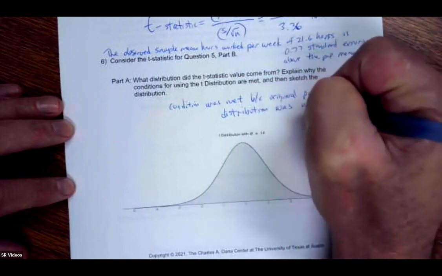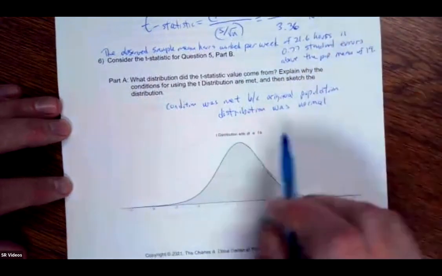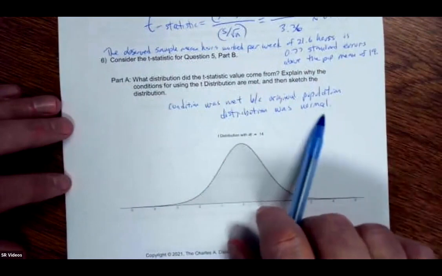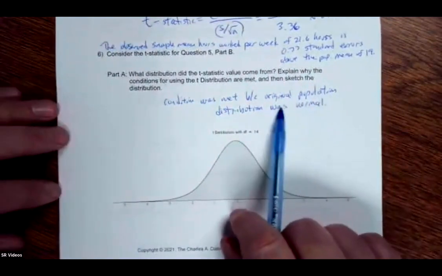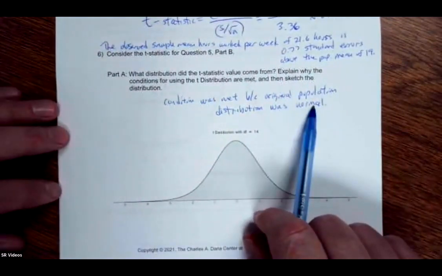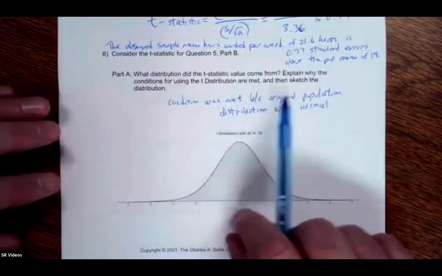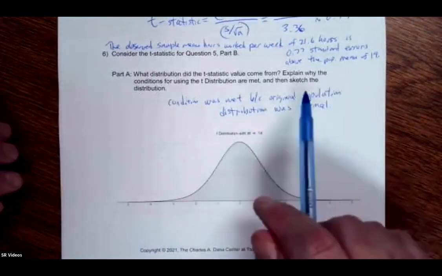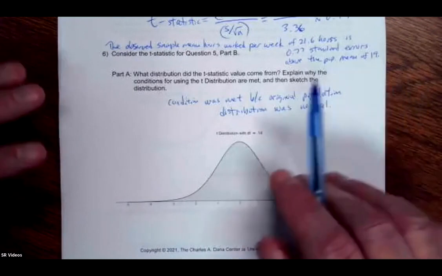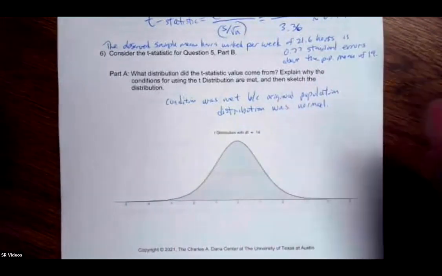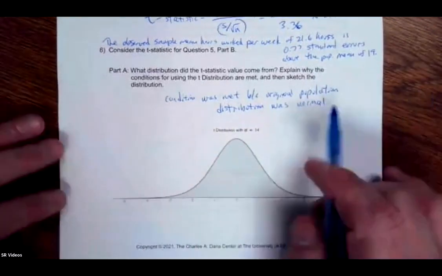Remember, there's two conditions. Either the original distribution, your population or parent distribution, is normal, then we're okay, or it's not too skewed and we sample at least 30. And remember, at least 30 is considered to be a large enough sample size.